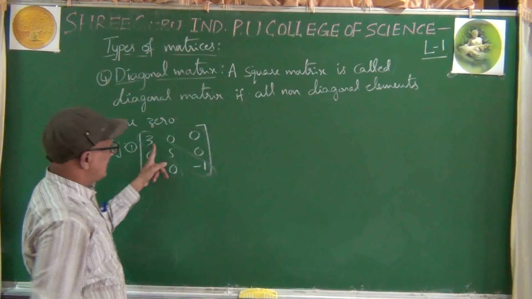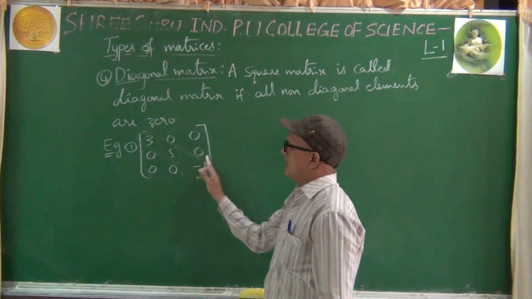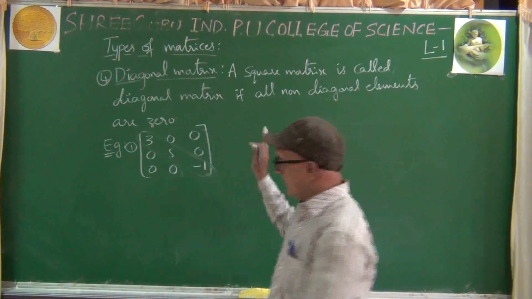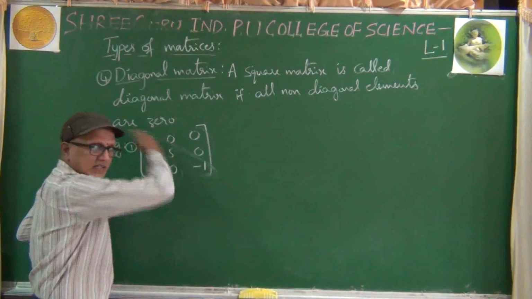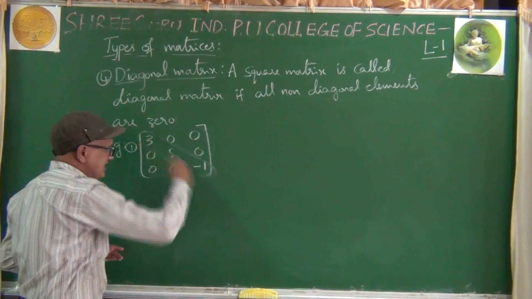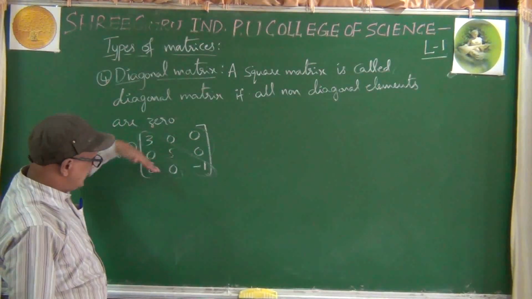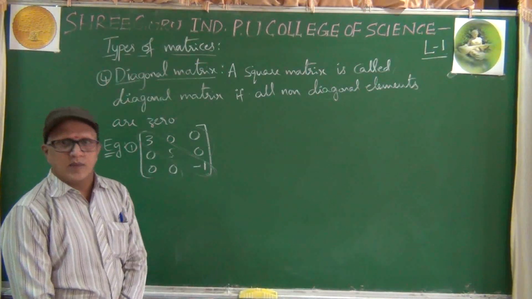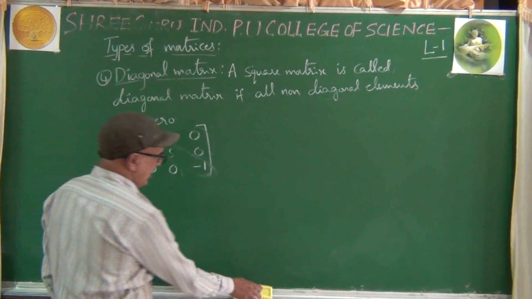The diagonal elements should be there. Non-diagonal elements 0 means that is called diagonal matrix. Remember, diagonal elements means these 3 elements. Don't get confused. Above these 3, zeros; below these 3, zeros should be there. That is called a diagonal matrix. Right? Order is 3 by 3.